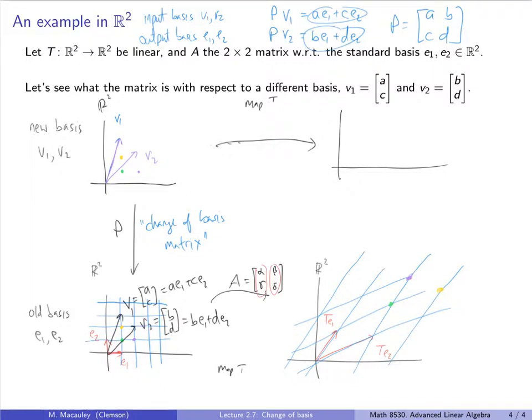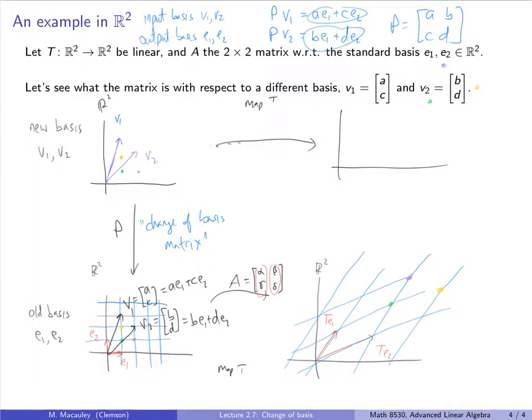Again, ignore the grid, ignore the basis. You just send these colorful dots to the corresponding places over here. So the yellow one goes here, the green one goes here, and the purple one goes here. Forget about the actual lines.